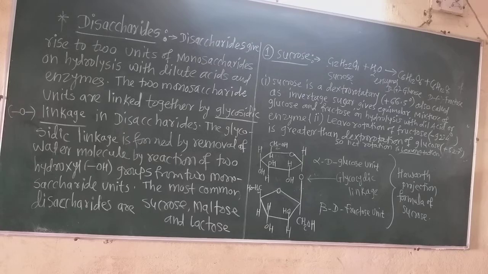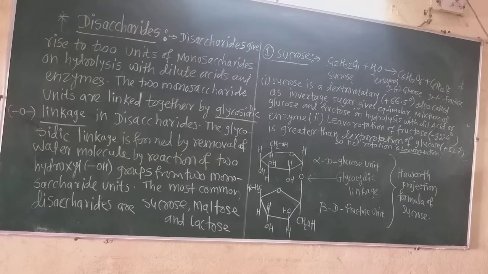Because positive dextrorotation 66.5 degree is converted into negative levorotation. So it is always called the inversion of sucrose, and the product is called the invert sugar. Remember that, because there is the inversion of the rotation. Positive rotation converts into negative rotation. So it is called the invert sugar.